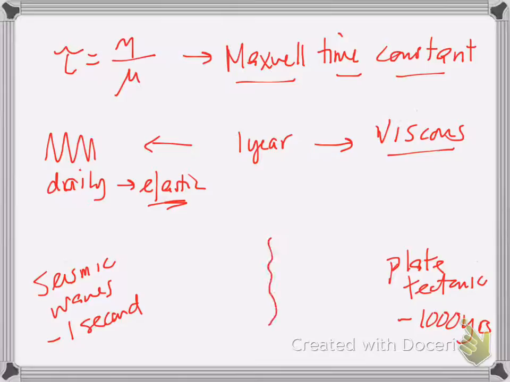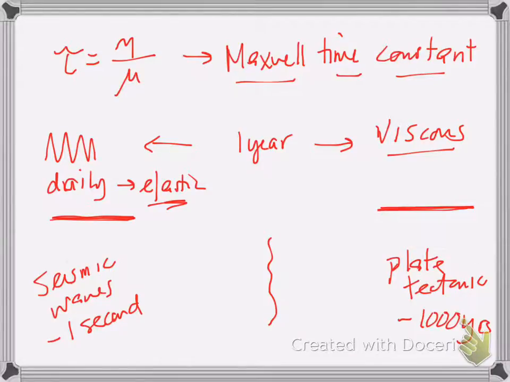The nice thing about this is that you can further simplify a solution to a problem by knowing whether or not you're within this purely viscous range of the material behavior or you're down in this purely elastic range. And you can simplify the mathematics accordingly by making an assumption about the viscosity or the elasticity and just dropping those out of the equations.